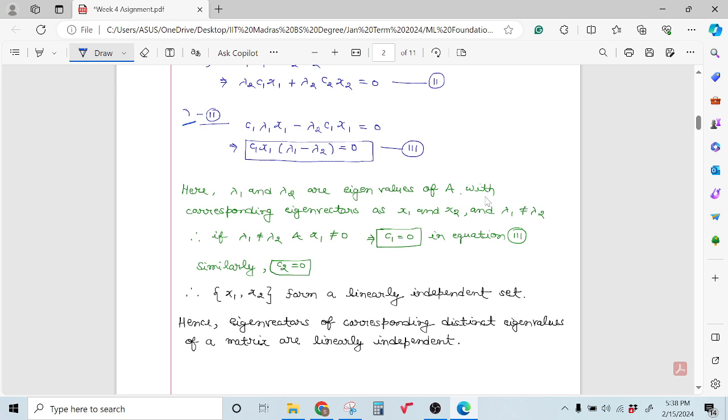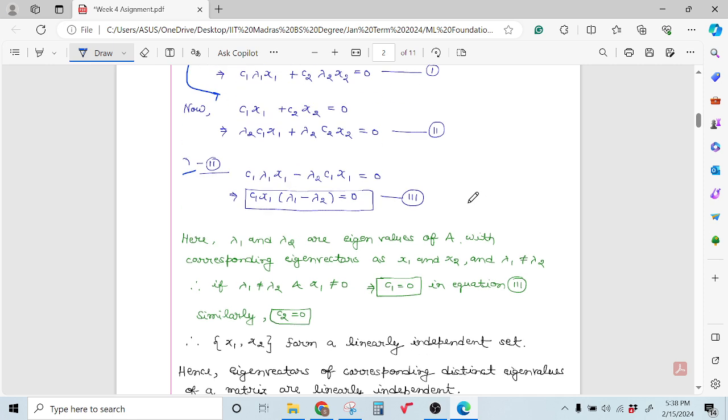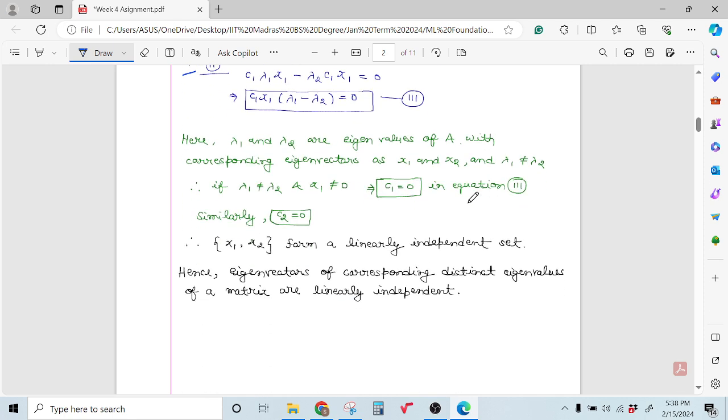Similarly c2 is equal to 0. Therefore x1, x2 form a linearly independent set. Hence we can conclude that eigenvectors corresponding to distinct eigenvalues of a matrix are linearly independent. So in a general way we can prove this also.